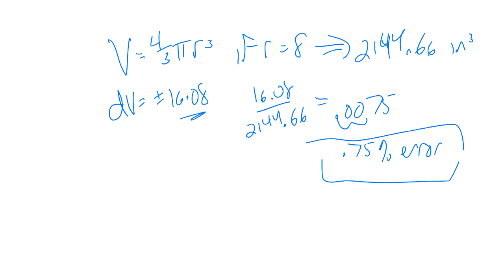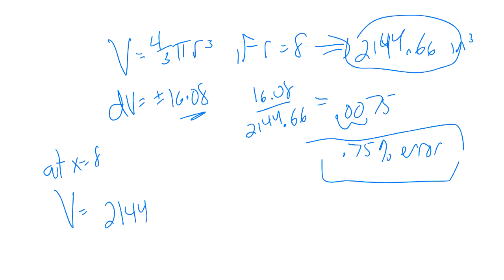What this tells us is that the volume at r equals 8 is 2144.66 plus or minus 16.08 cubic inches, based on the fact that the radius itself had a possibility of error.